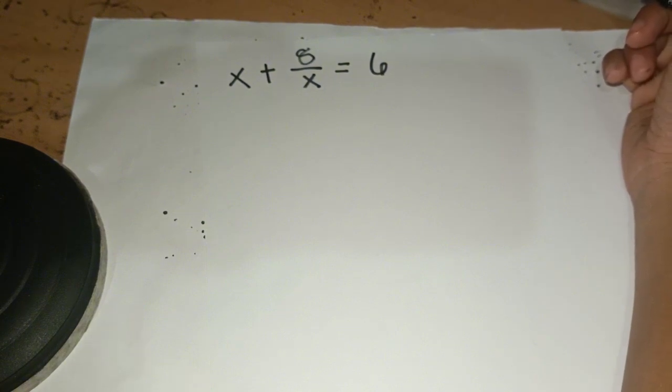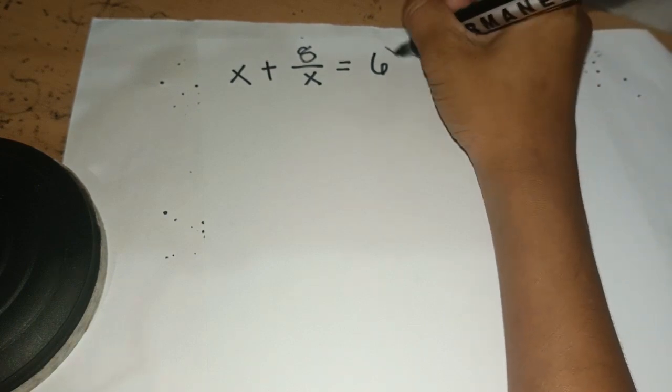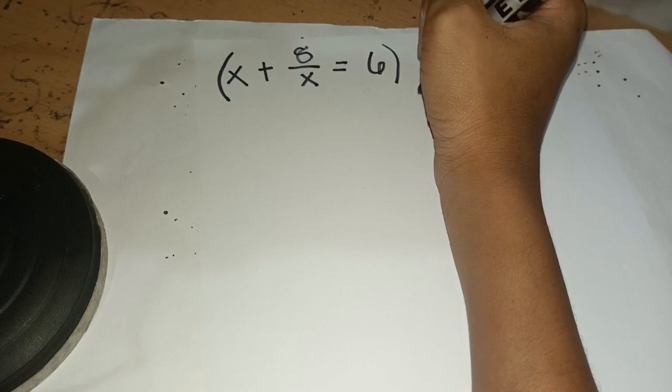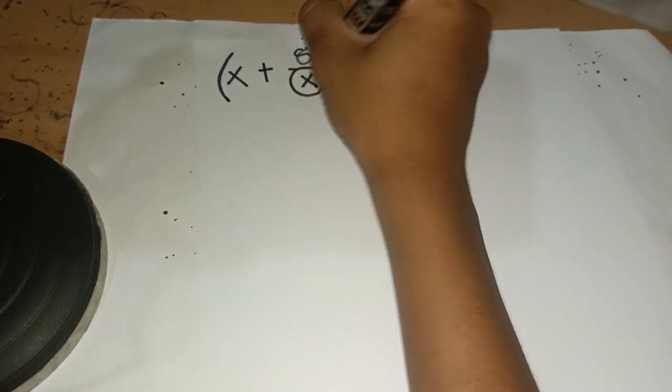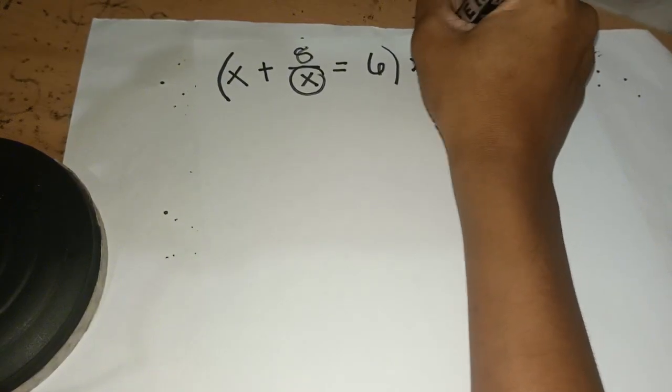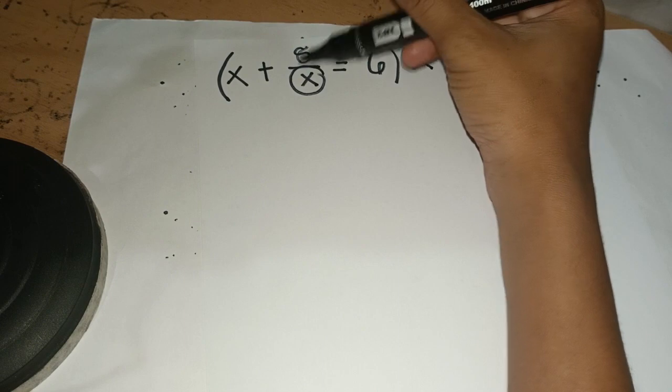The first thing I would do is multiply both sides by this denominator, x, so that I can clear away the fractions. So x times x is x squared.